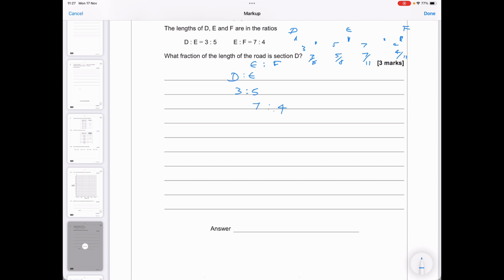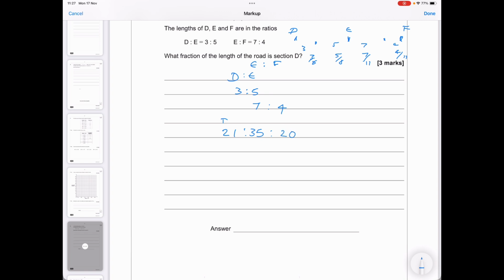Right, that's how you do that. And then we're going to times this out. So we're going to find the lowest common denominator, which is 35. If we times that by that, so that means we times the 5 by 7, so we times the 3 by 7, which is 21, and we times the 4 by 5, which is 20.